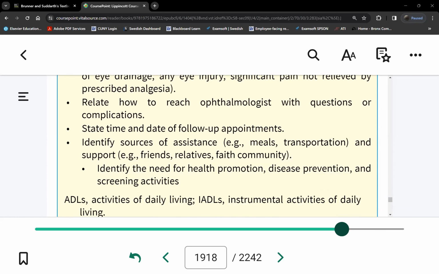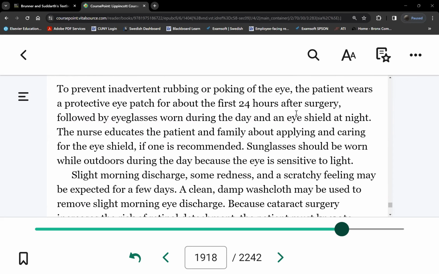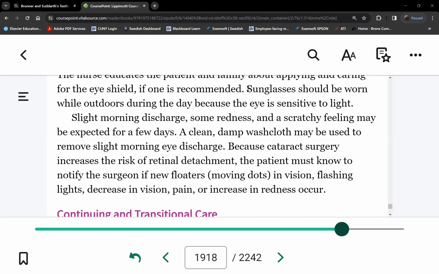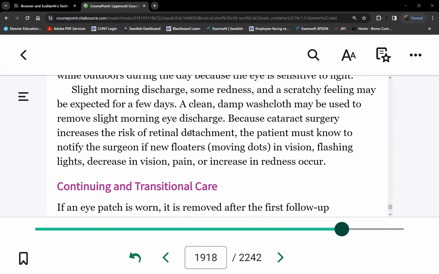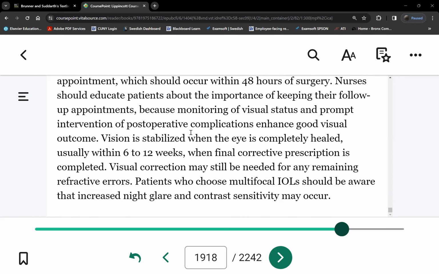Oh, activities. Sorry. Here, more education. So we told them to wear the eye shield at night, but what eye activities are prohibited? Of course we wear sunglasses when we're outdoors, but what activities are prohibited?